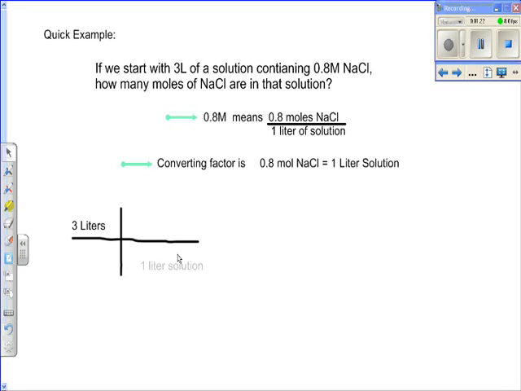So we have 1 liter of solution here, and that is equal to 0.8 moles of NaCl. And so that's why that one's on top. And then simple enough, because we're starting with liters and we're ending with moles, which is what we want, we then just have to do a little bit of math. And so 3 liters times 0.8 moles divided by 1 gives us that there's 2.4 moles of NaCl in 3 liters of this solution.